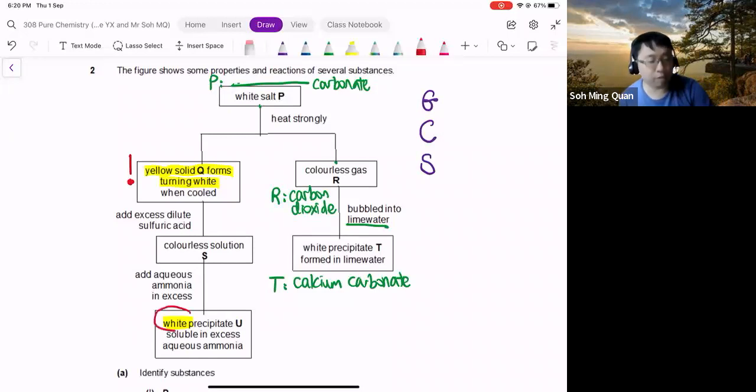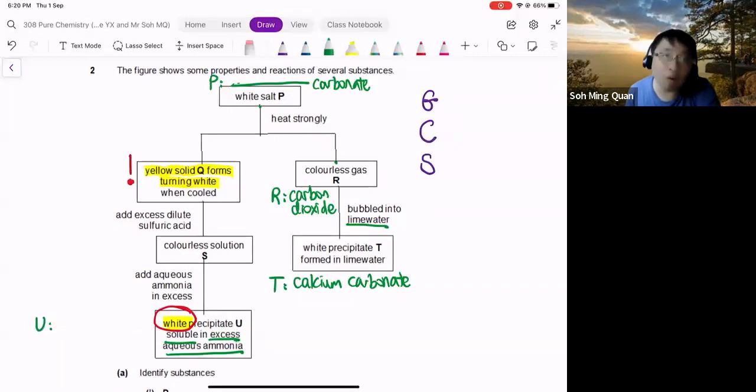U is a white precipitate that's soluble in excess aqueous ammonia. It's soluble in excess ammonia. It's white. What is this? Soluble in excess aqueous ammonia. What can dissolve in excess aqueous ammonia? So you can see this is where studying comes in, right?